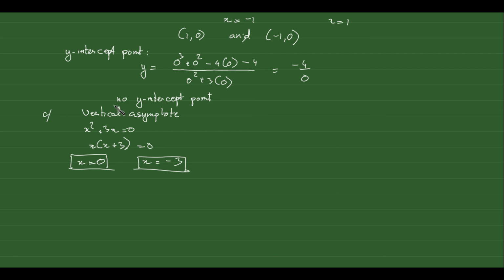Nope, because the degree n equals 3 is greater than m equals 2. So no horizontal asymptote. Instead, we have a slanted asymptote because the numerator's degree is greater by only 1. So we're gonna do the slanted asymptote.